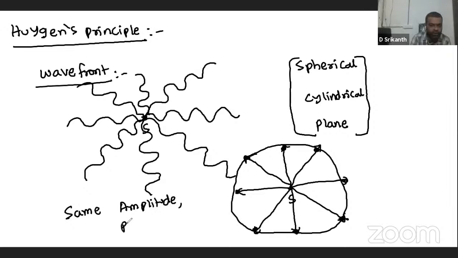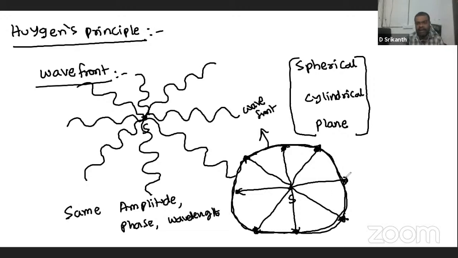Either amplitude or phase or wavelength, the locus of the points which have the same amplitude can be called a wavefront. And the points at which the light waves have the same amplitude can be called wavelets.